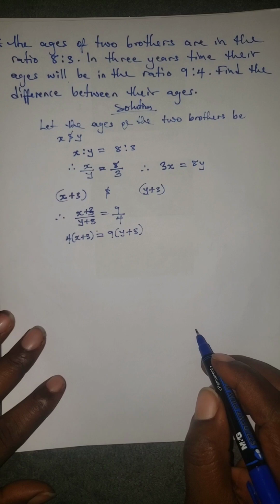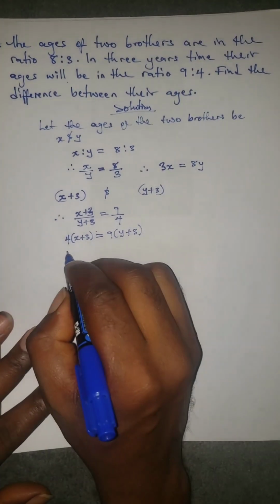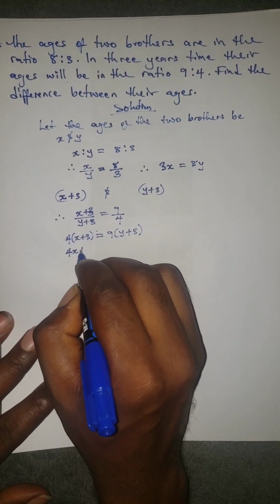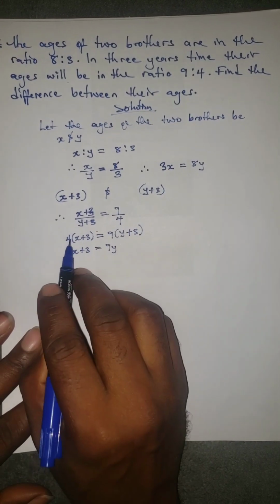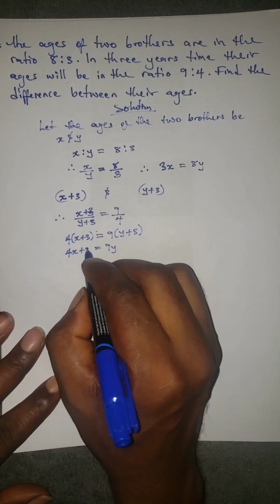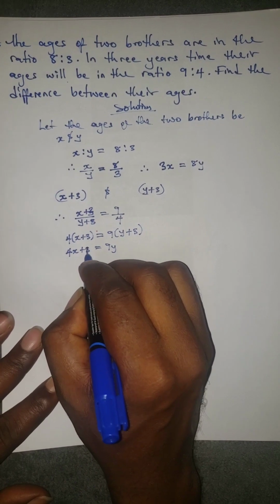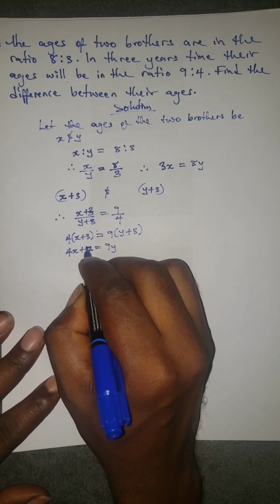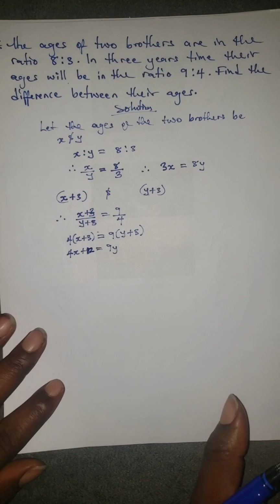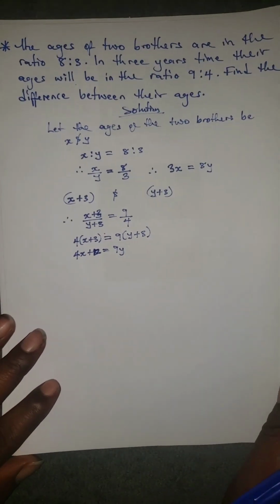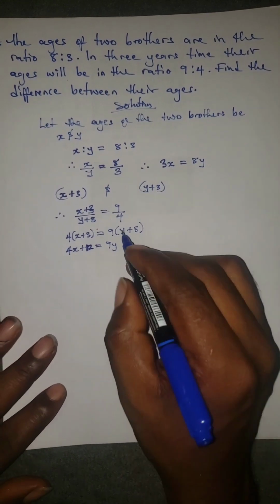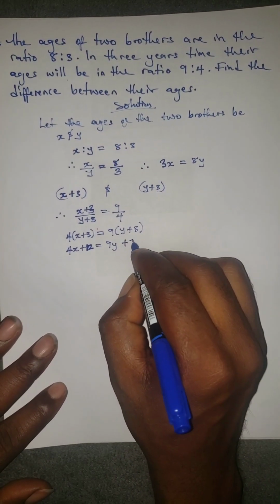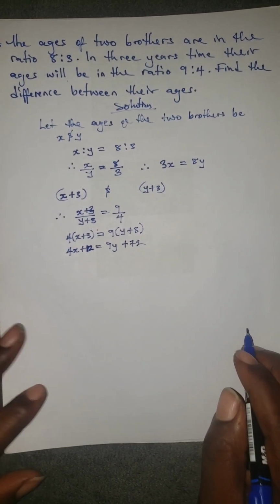So when you open that bracket, you are going to have 4x plus 12 equal to 9y plus 27.